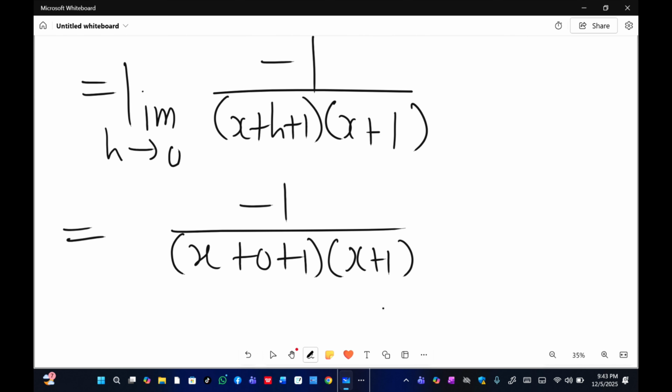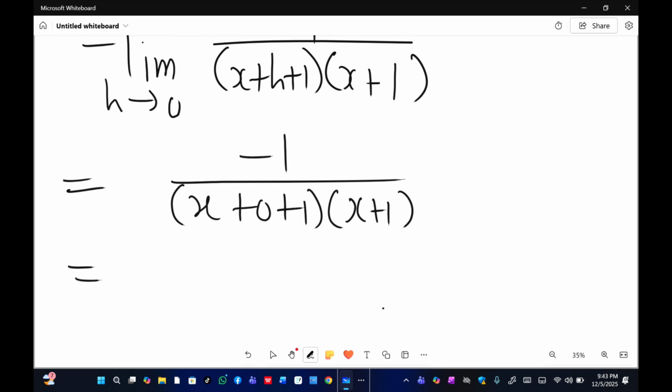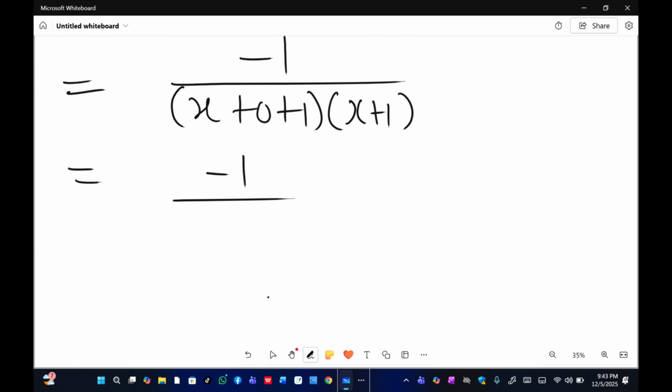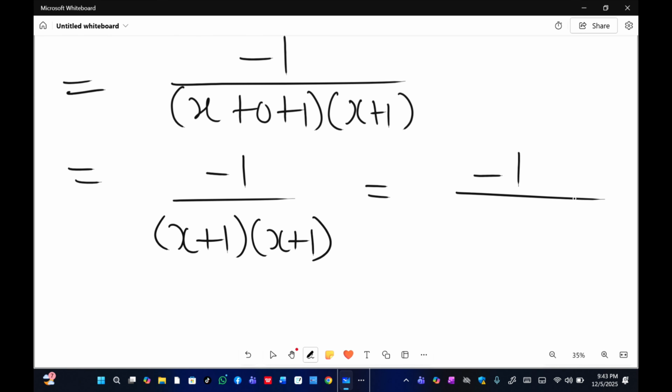Alright, so we continue to simplify and we'll be getting negative 1 divided by, the first bracket becomes x plus 1 multiplying x plus 1. And this will give us the final result as negative 1 divided by x plus 1 in brackets squared, because a number times itself is the same as the number to the power 2.